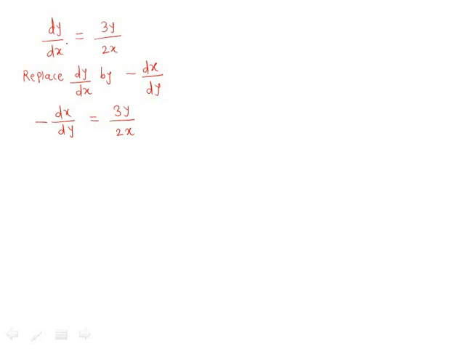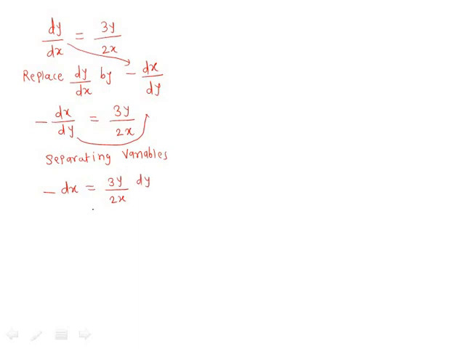Then we will separate variables. How can we do the separating of variables? First we will transfer this dy to the right hand side, as it is in the denominator, so it can be transferred directly to the numerator like this.